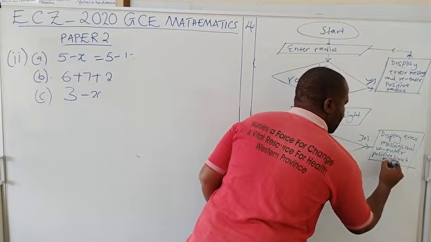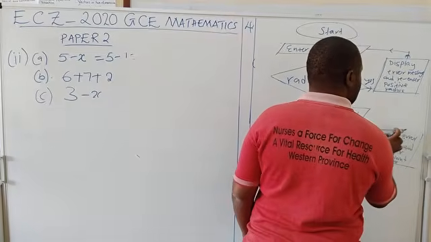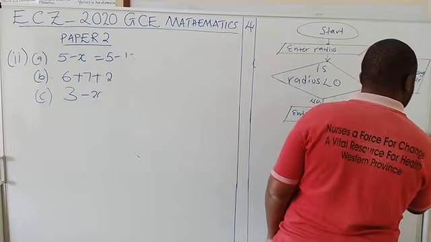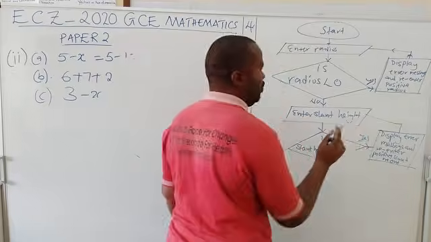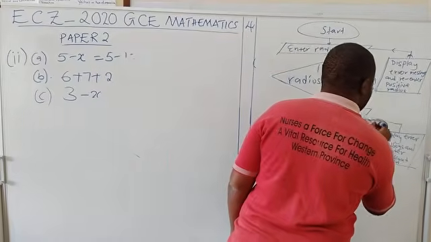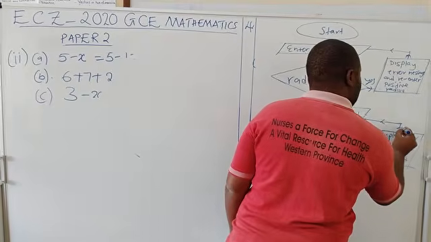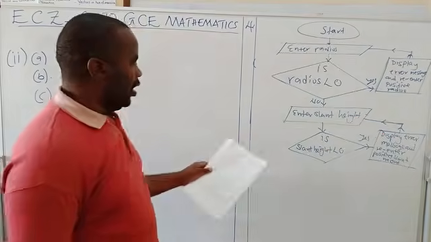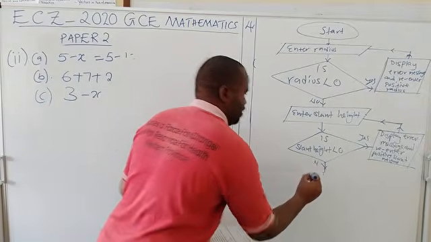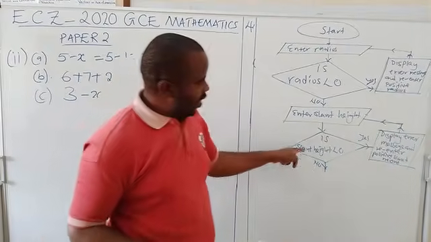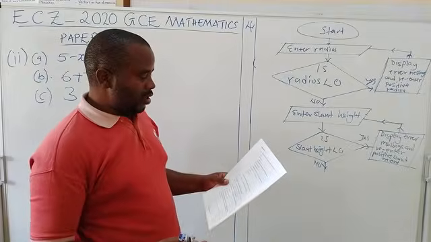Then again you come here, of course this should be the same line, and you loop back. So there is an arrow there and an arrow, so you go back. Else means that if it's not. So if the slant height is less than 0, you come here. Otherwise, or else, you say area.